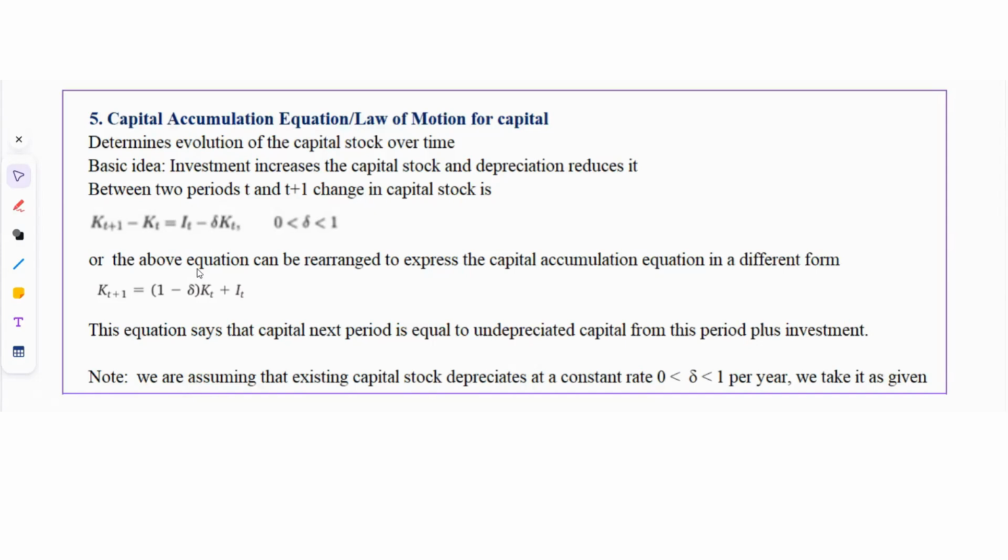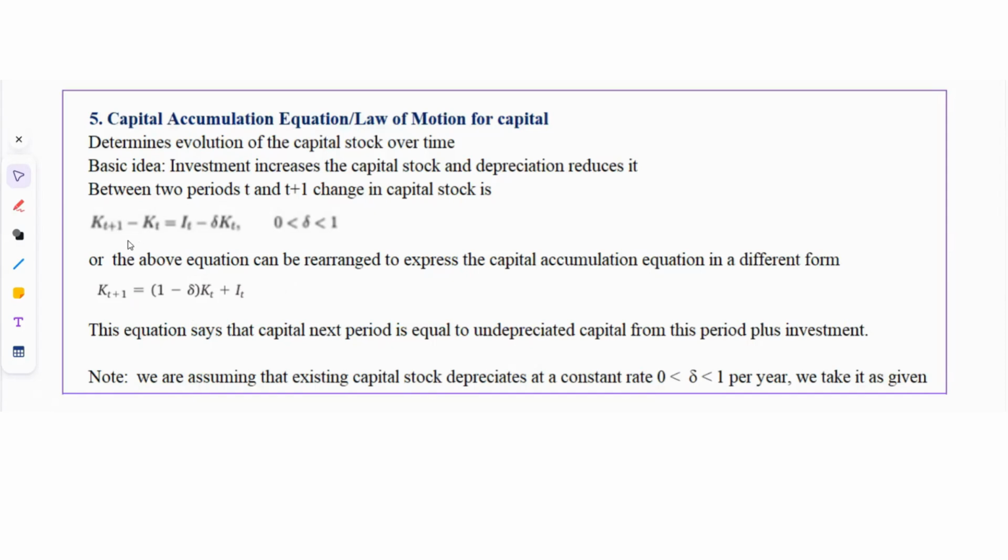We can also rearrange the above equation in a different form. So here we have written the capital accumulation equation as change in capital is equal to investment minus depreciation. We can also rewrite it in a slightly different form, making K_{t+1} the subject. So over here we can say that the capital next period, t+1, is equal to undepreciated capital from the previous period, i.e. from period t, plus investment.